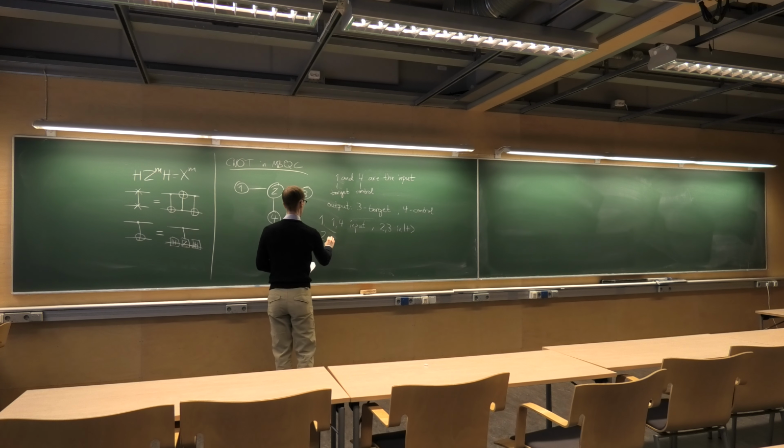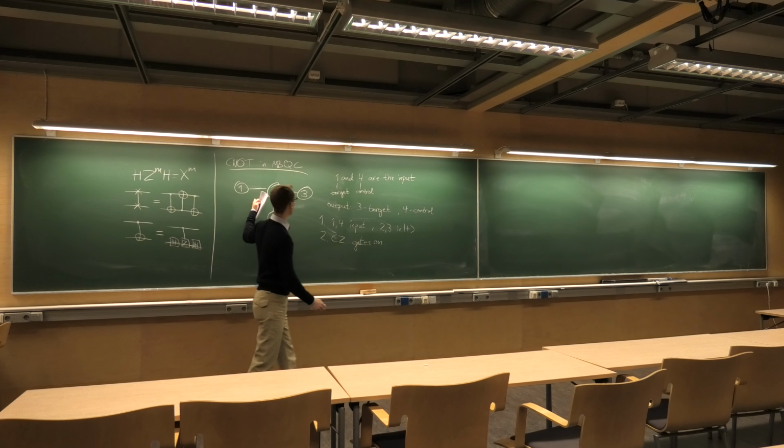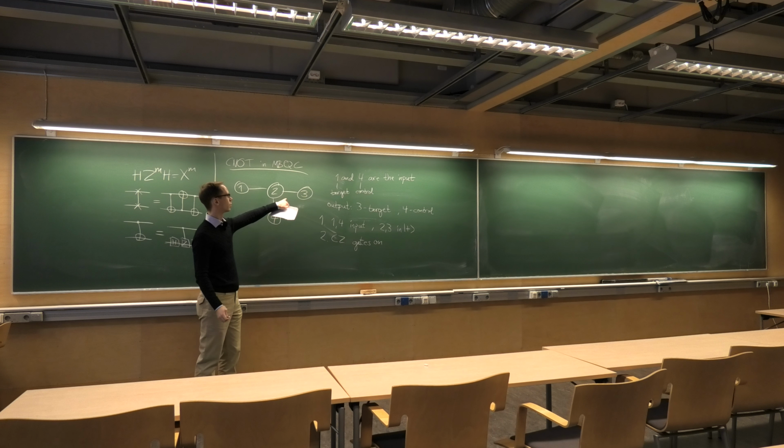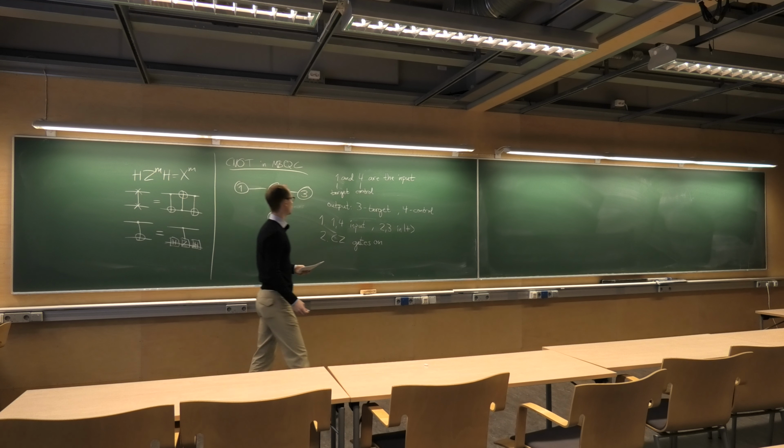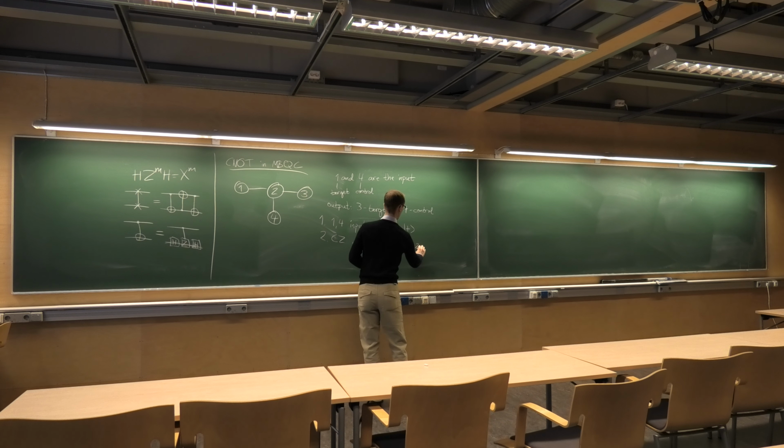And then step 2 is to do CZ gates on all connected pairs here, so all these 3 lines. So 1 to 2, 2 to 3, and 2 to 4.